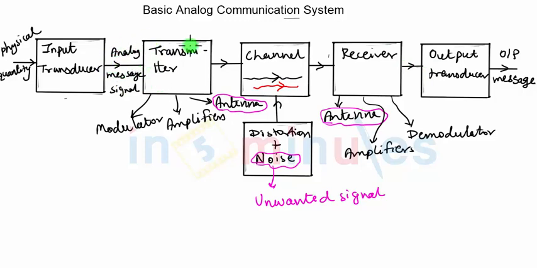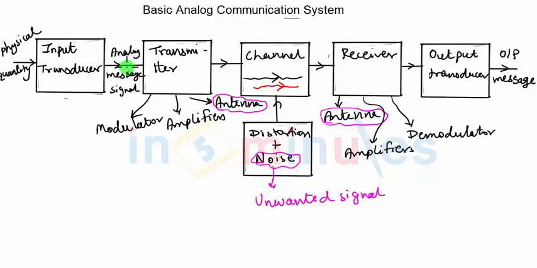Please note that no communication system in practice is 100% perfect, and hence it is never possible to have exactly the same signal recovered at the output of the receiver as the input signal that was transmitted. There is always a small difference between the output signal, the received one, and the original input signal that was transmitted. So that's the basic block diagram of a communication system.